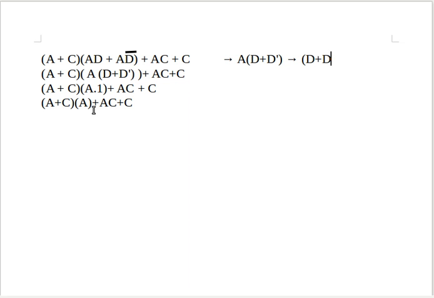D or D naught equals 1, and we did that one here. Here we used A dot 1. This is the identity. I forgot what that one is. And this is A here.